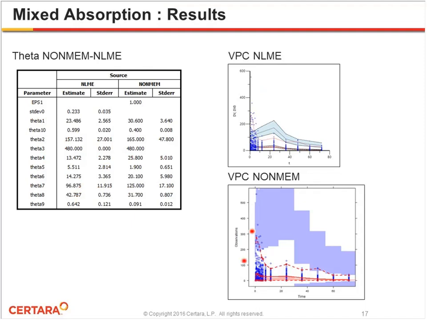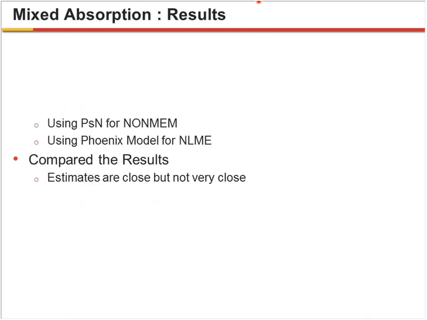The observed quantiles look much the same, but when you look at the predicted quantiles, the coloring here looks like it's covering much more space in the higher concentration range compared to the NLME one. That needs to be further examined and adjusted.